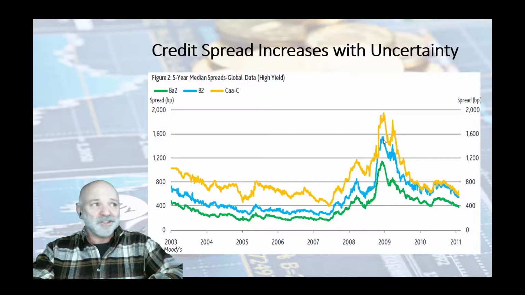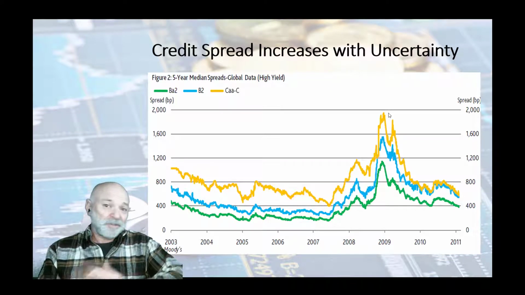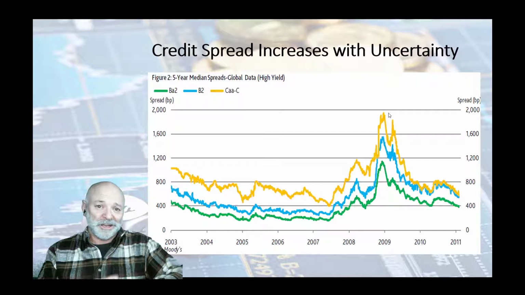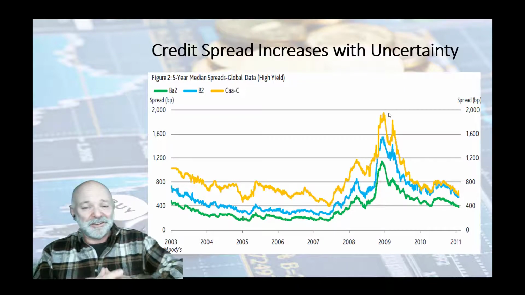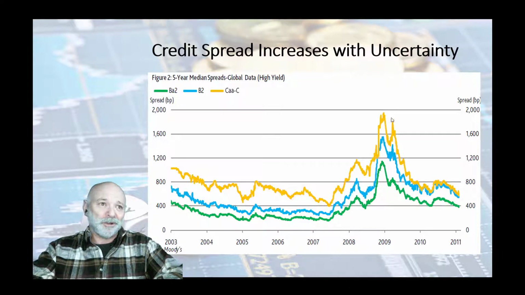And it was even worse for the single B, and far worse for the triple C. In fact, those triple Cs had a credit spread of 2,000 basis points or 20%. That means if the risk-free rate was 2%, then the rate for those triple C-rated bonds was 22%. That's the yield to maturity on those bonds.